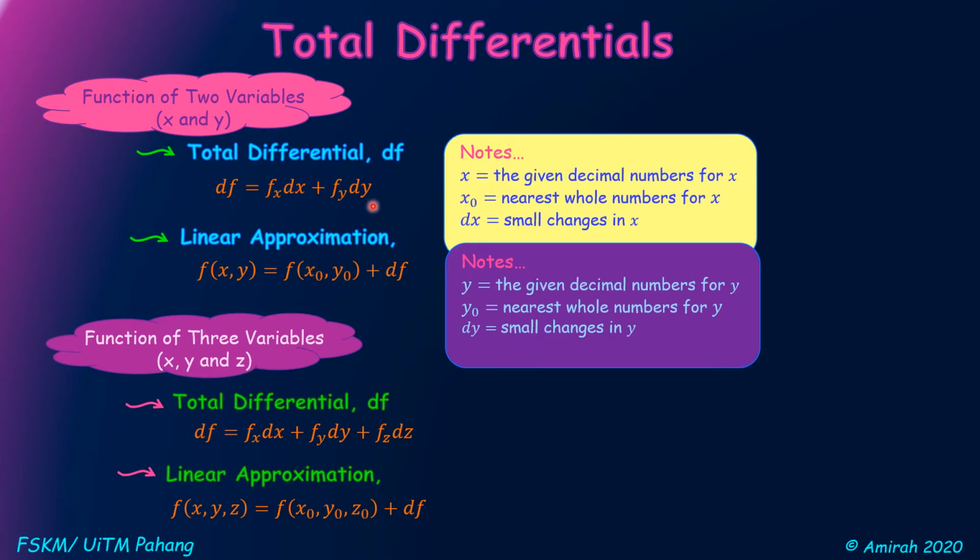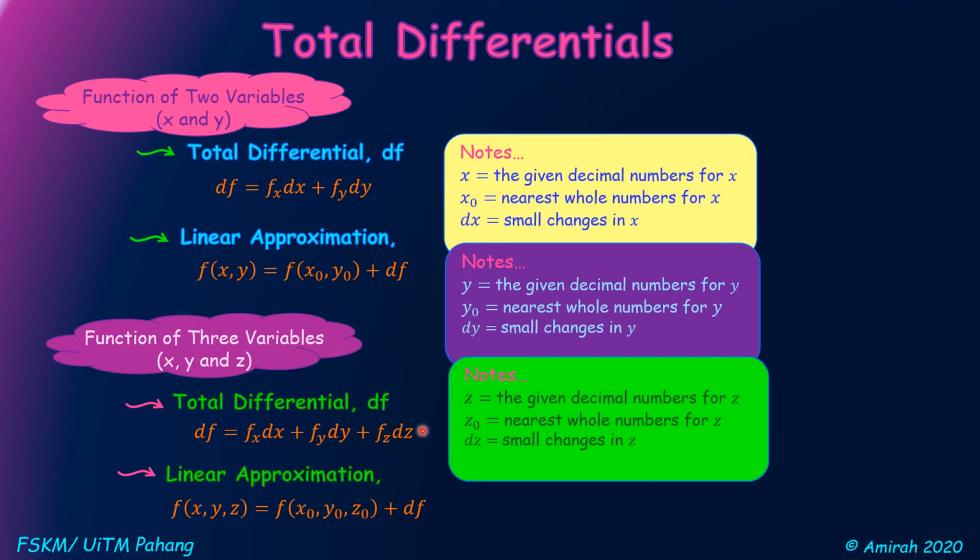And dy means the small change in y. Z means the given decimal number for z. z0 means the nearest whole number for z, and dz means the small change in z.